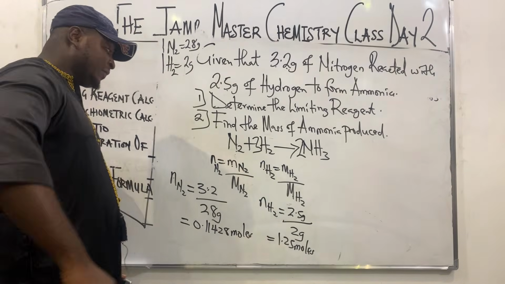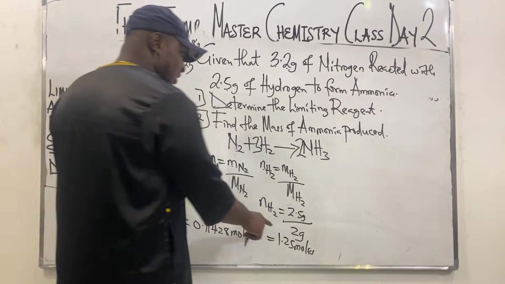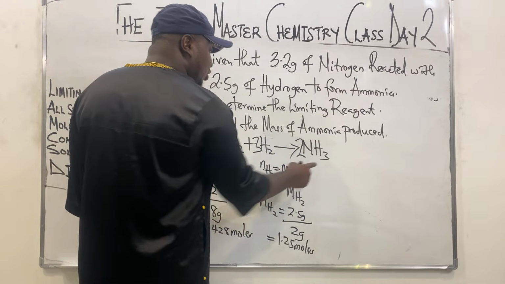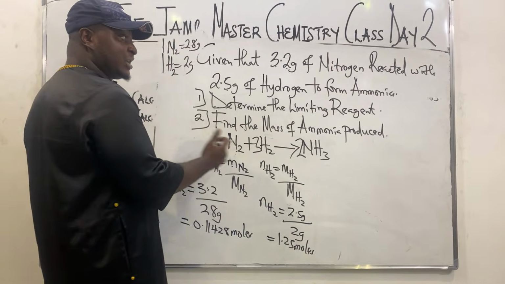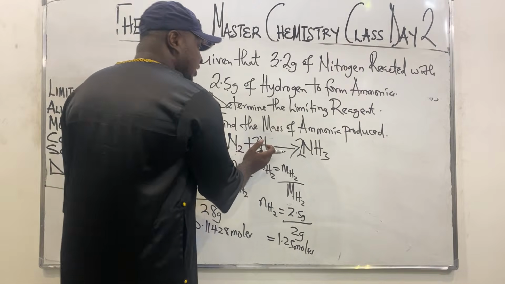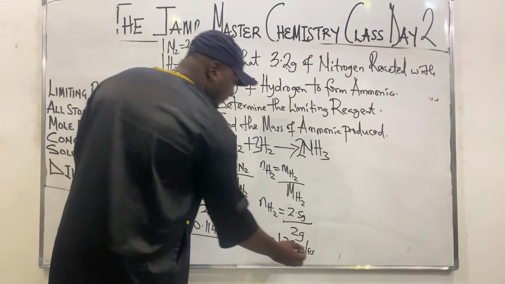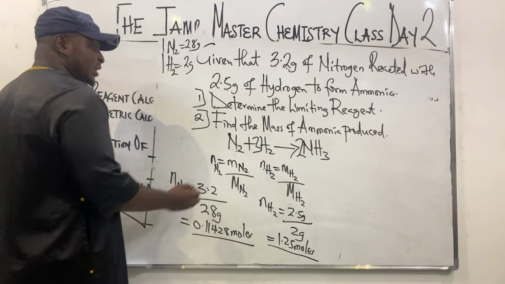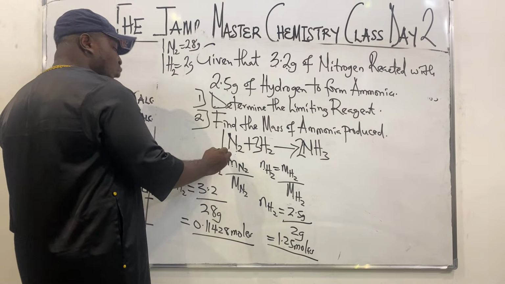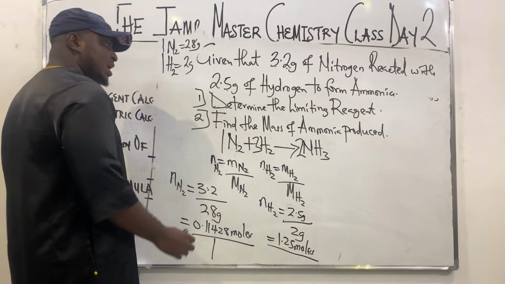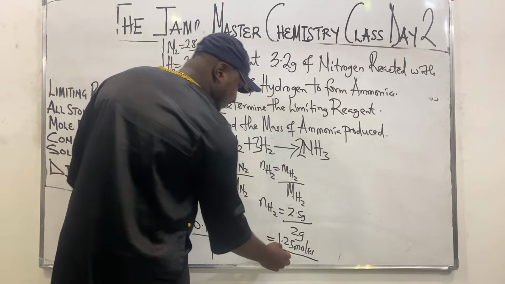After getting the number of moles of each reactant, class, notice that we're not doing it for ammonia. Why? Because your limiting reagent is always on the left-hand side of the reaction. Now divide by the stoichiometric coefficient. The stoichiometric coefficient of nitrogen here is 1, and of hydrogen here is 3.